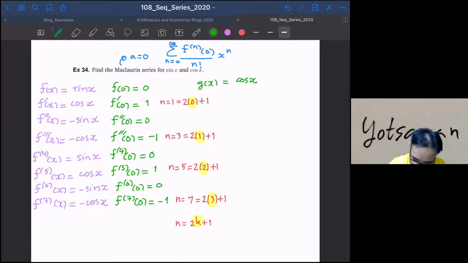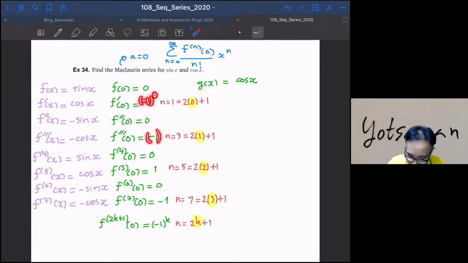So if you like to have f^(2k+1) at 0, it turned out to be negative 1 to the k. You can see 0, 1, 2, k. So it's going to be negative 1 to the 0, negative 1 to the first, and this one is negative 1 squared. That gives you the corresponding number.